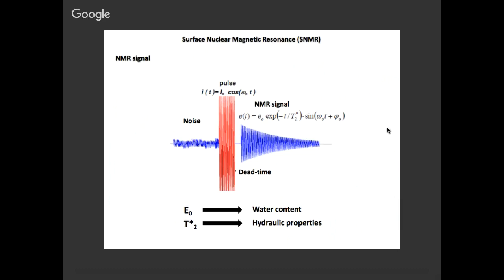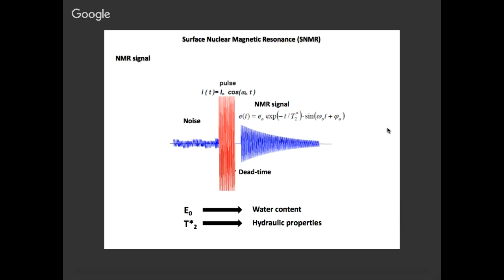So then the idea of the method is to measure this kind of signal for several pulses at different intensities, for different depths, and so you will basically make a sounding curve and invert in 1D, or maybe 2D if you have the tools to do that, to get a spatial distribution of your water content and of your relaxation times.